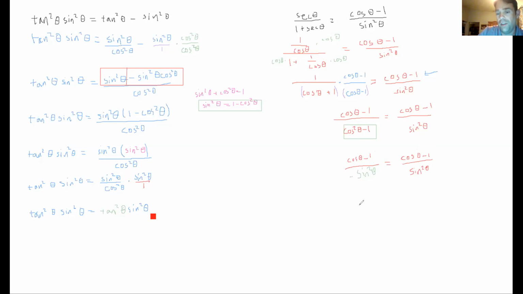But we end up with that negative in front of it. So if I'm looking to verify, it got close. Since they're not the same, we'd say then that they are not identities.